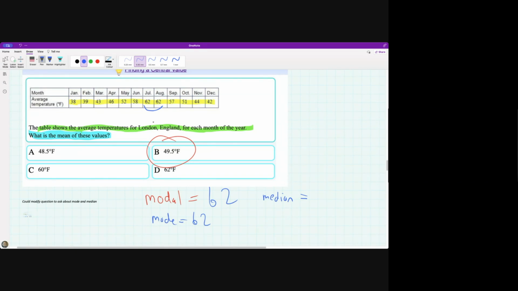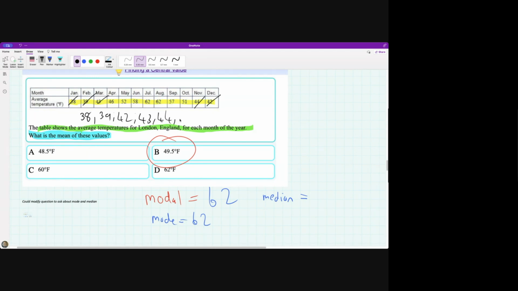You have to arrange it. Yes, Naledi. You have to write it from smallest to biggest. So what is the smallest number here? I think it is 38 and then 39. But then it's 42 and then it's 43 and then it's 44.